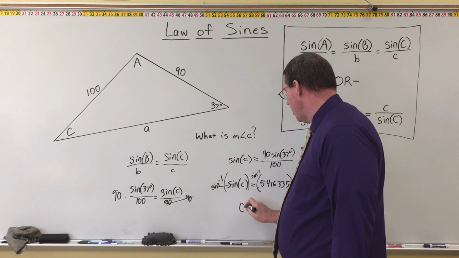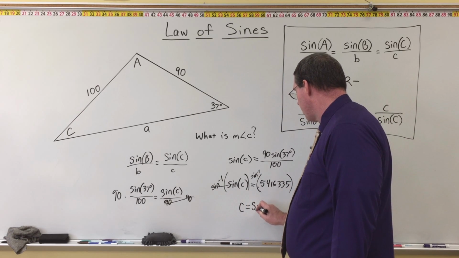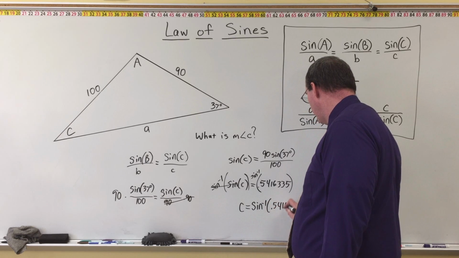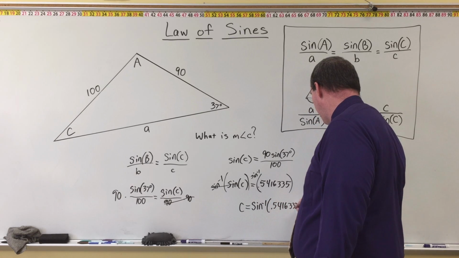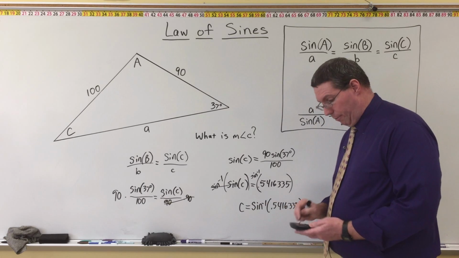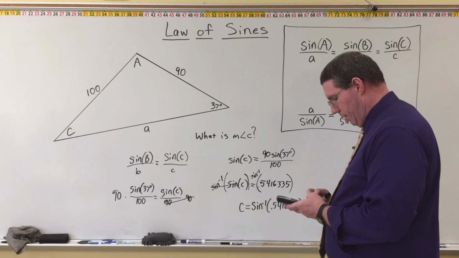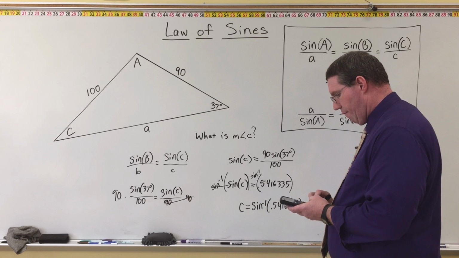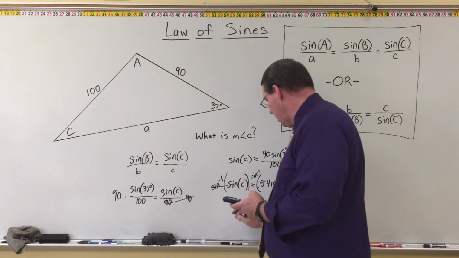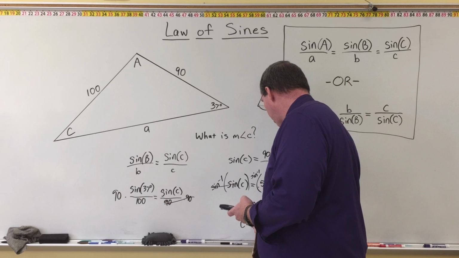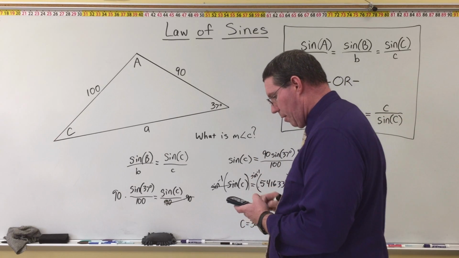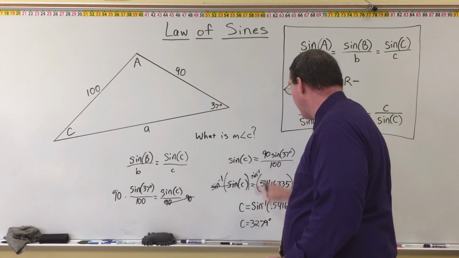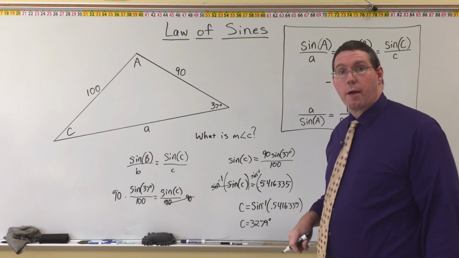Now C is equal to sine inverse of 0.5416335, which I can key into the calculator. That gives me C is equal to, rounding to 2 decimal places, 32.79 degrees, and that is the measure of angle C.